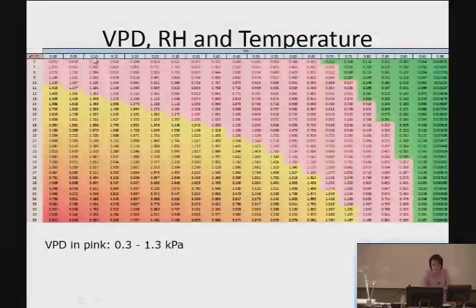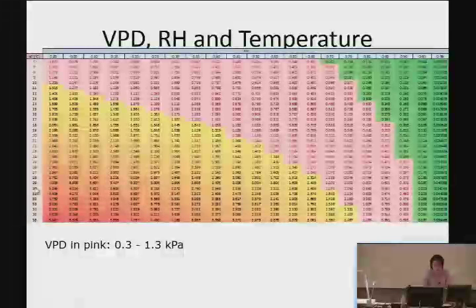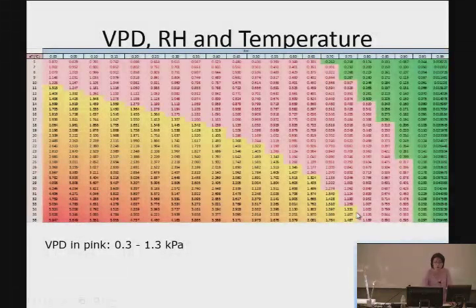It's not percent, for some reason. But if you multiply by 100, you get percent humidity, 0 all the way to 99%. So those are the humidity columns, and the rows are temperatures from 5 degrees C to 36 degrees C. Okay? And the color is showing different VPD.